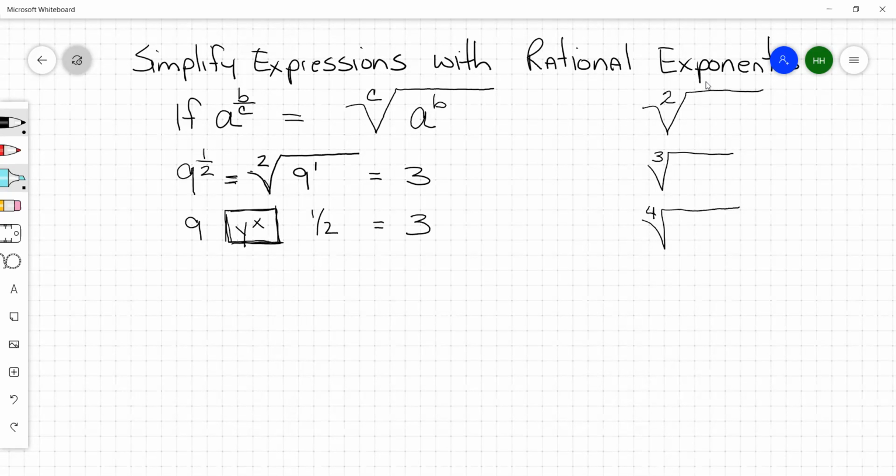If you take 8 to the 1/3 power, that's the same thing as the third root of 8 to the first. If you take 8 and raise it to the 1/3 power, you're going to get a 2. So you need to understand the notation, and you need to understand how to evaluate it in the calculator.